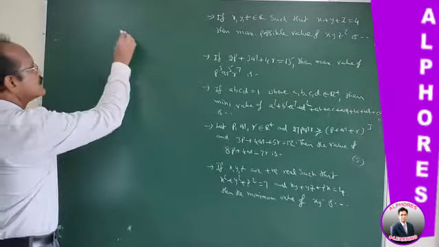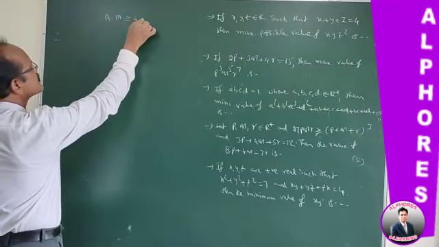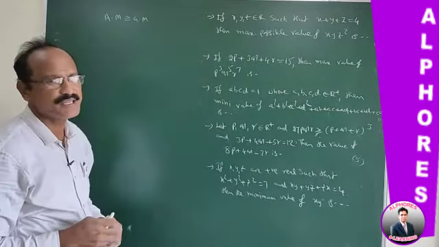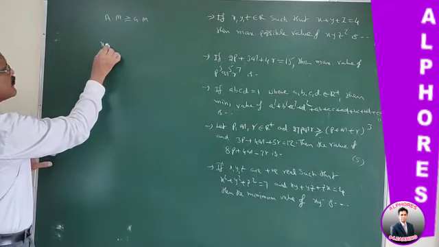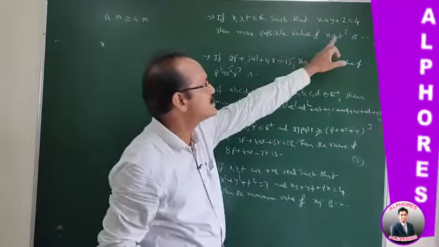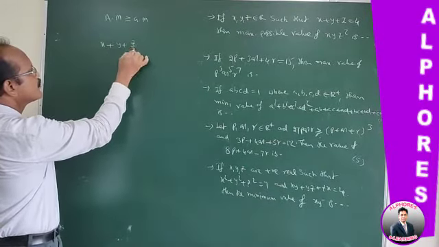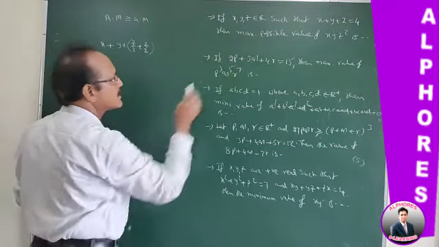So we are using the arithmetic mean greater than or equal to geometric mean concept here. Now the arithmetic mean of x, y, z: I am taking x, y, z by 2 plus z by 2, because z square is there in the required product.